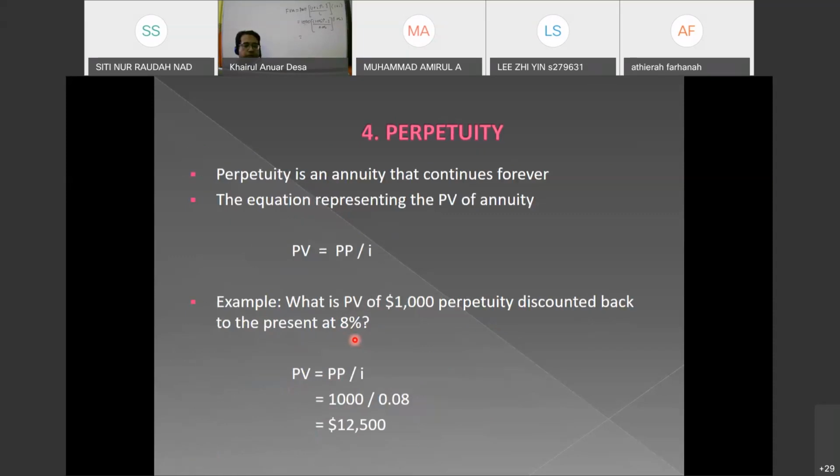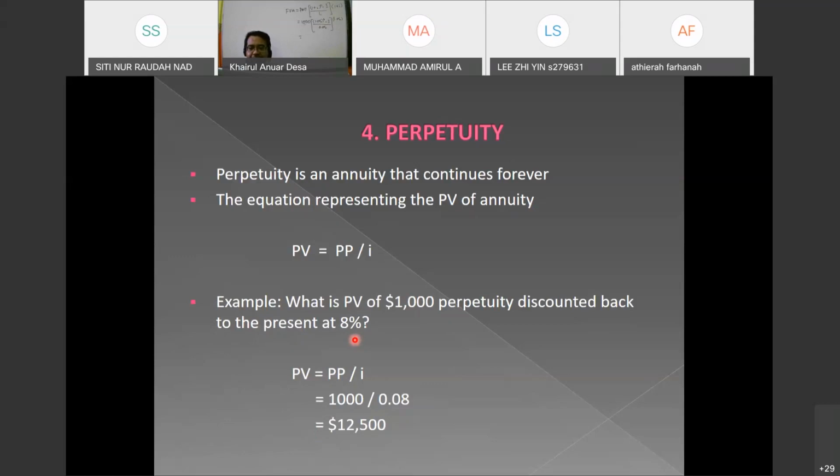So, saya nak tanya, what is the difference between the perpetuity and annuity? Apa beza perpetuity dan annuity sebentar tadi? So what is the difference between perpetuity here and the annuity just now?